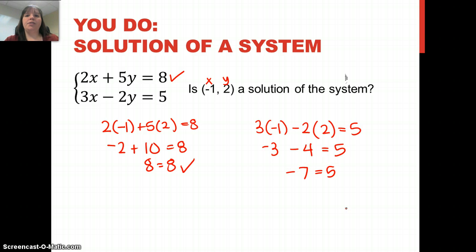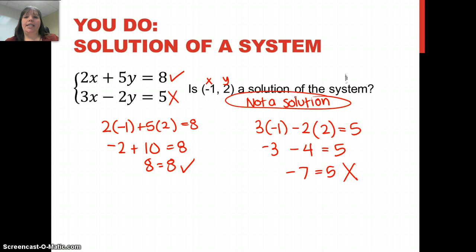If we get a nonsensical statement, definitely not true, then that means it's not a solution to this equation, so it's not a solution to the system. What that means is this point is on the first line, but it's not on the second line. So we want to be able to verify solution or not a solution. In the second one here, your you do was not a solution.